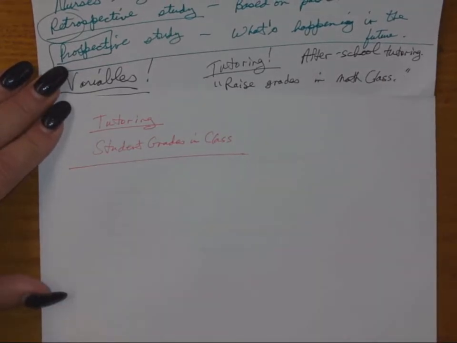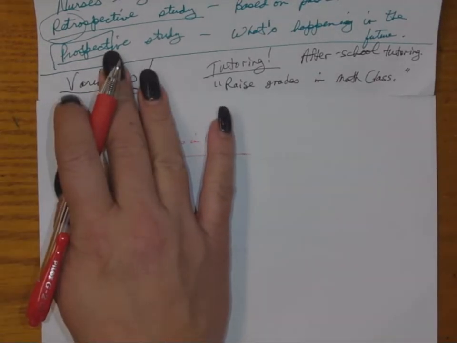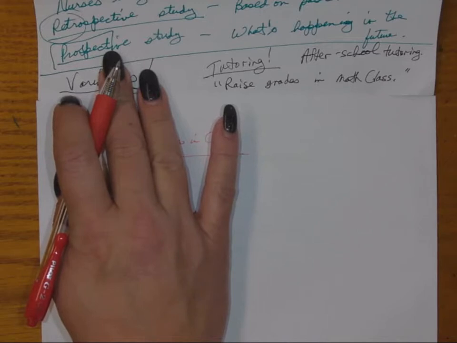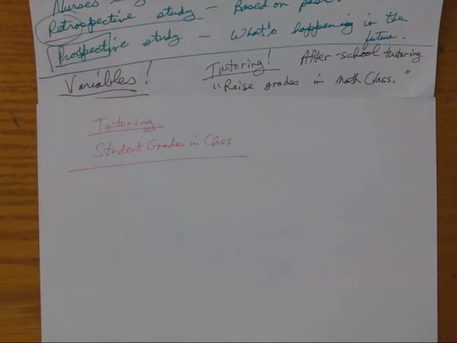So there's two different kinds of variables. One variable is the variable of interest, okay, and, well, there's more than two, I'm sorry. In this particular case, there's two different kinds. One's the variable of interest, and one is the variable of response, okay.